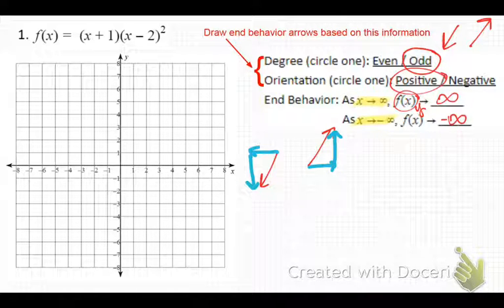So far, we have one more thing we have to put for the rest of our key features. In order to graph, we need our x-intercepts. So what is my first x-intercept? That's a root, and that's why we missed so many questions on the test yesterday. So what is an x-intercept? What's the first one? Negative 1, comma 0.